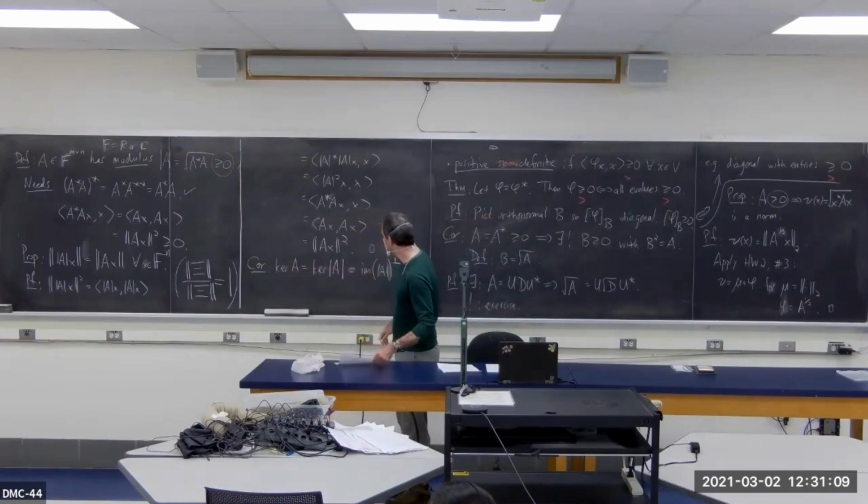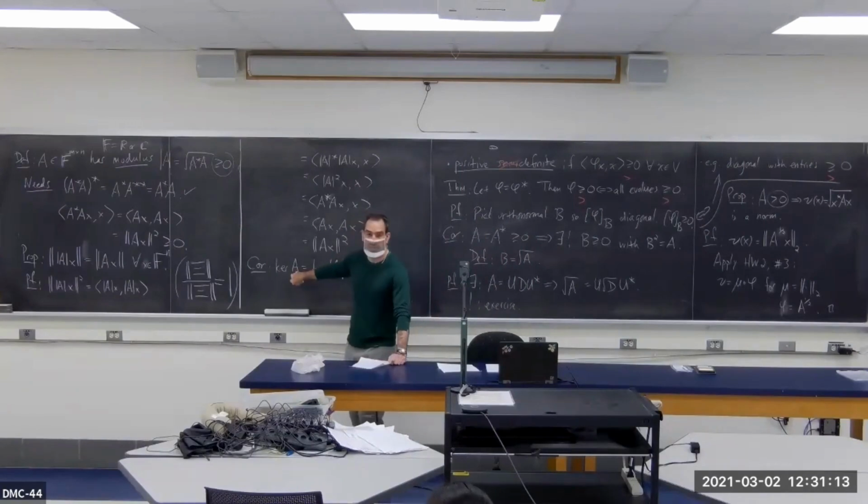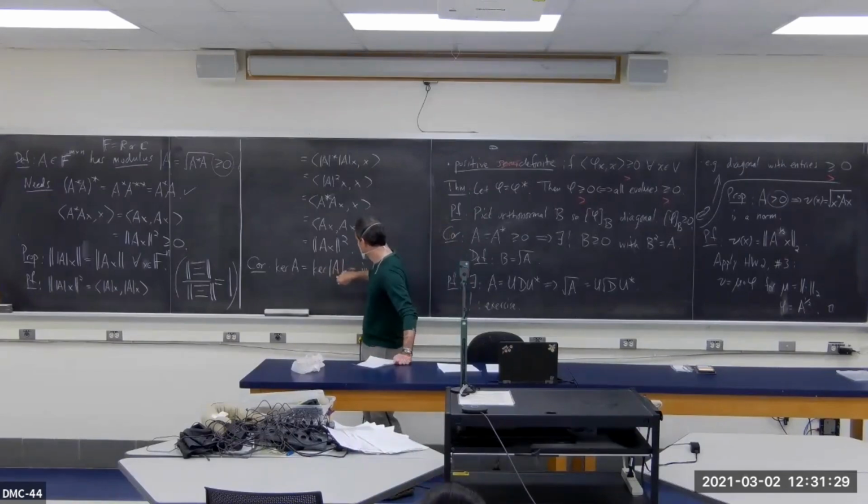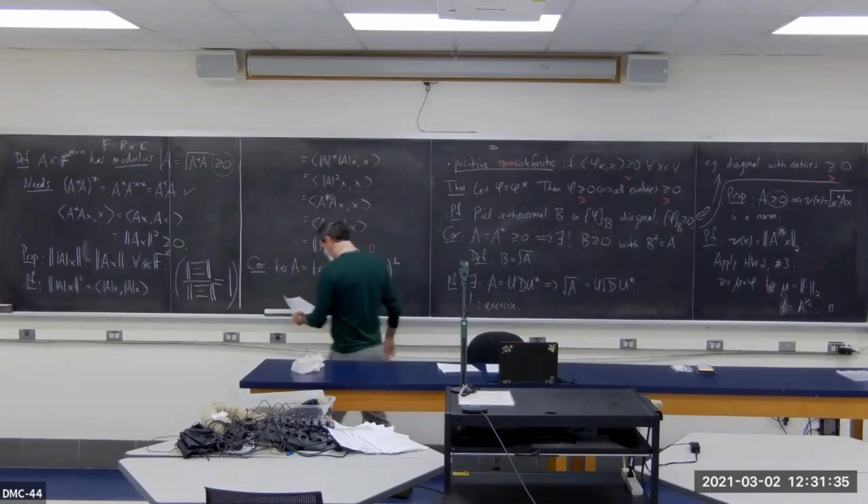What this says is if you replace A with the modulus of A, you don't change the kernel, right? And the kernel of A is orthogonal to the image of the modulus of A. So there's some nice geometry there, right? The image of the modulus is orthogonal to the kernel of the modulus, but also orthogonal to the kernel of A itself. This is nice.